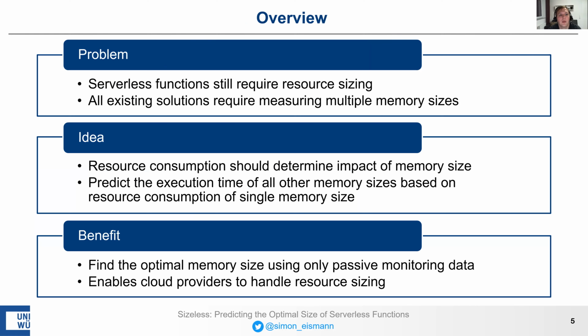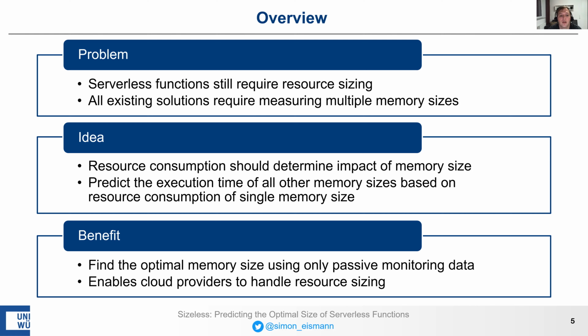So the problem we're facing is that serverless functions still require resource sizing and that all existing solutions require the measuring of multiple memory sizes. Our idea here is that the resource consumption, so how much network, CPU, memory, and so on a function uses, should determine the impact of memory size.